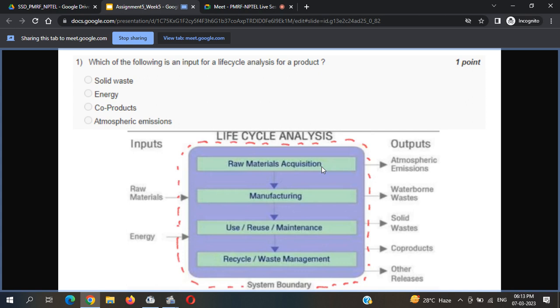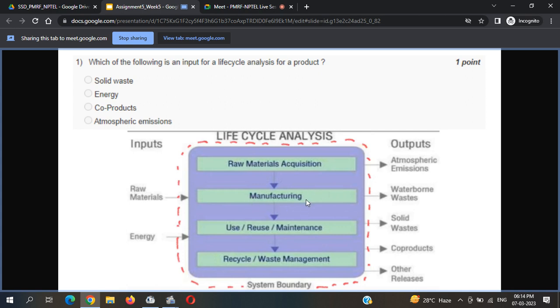So during the process of mining or harvesting, if you're taking biological material as a raw material, then even the process of harvesting or forestry can be a part of raw material acquisition. So there are some atmospheric emissions which are associated to raw material acquisition as well. So even the process of harvesting or mining or forestry, they also create some atmospheric emission.